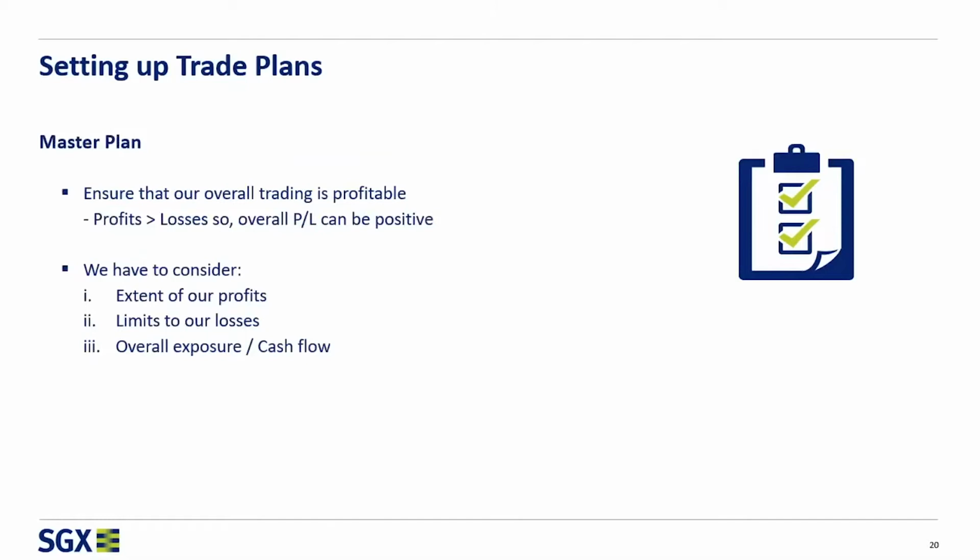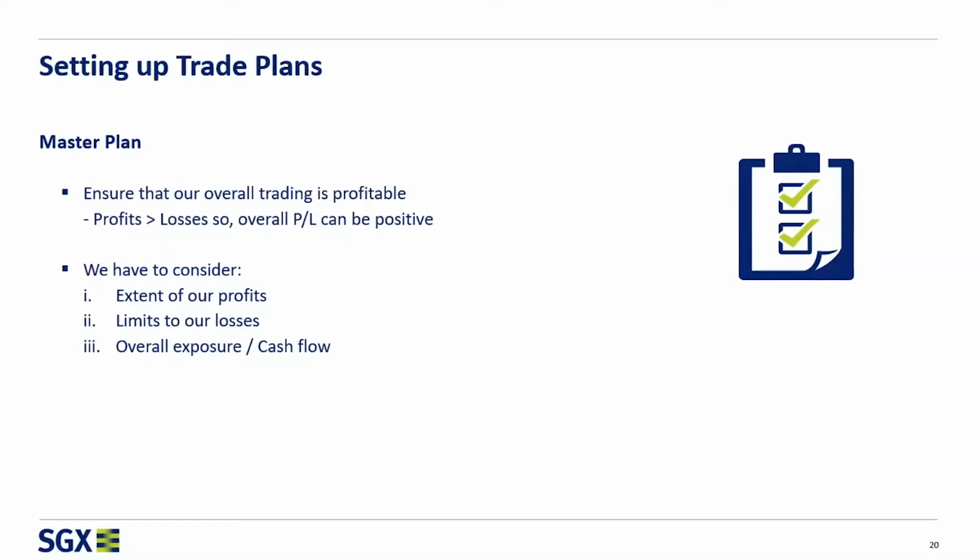So you might not make money all the time, right? Maybe let's say for every 10 trades, if you make the same amount of money on each of the profitable trades and lose the same amount of money on each of the non-profitable trades, but you have 6 out of 10 profitable trades and only 4 non-profitable trades, then your overall trading will be positive.